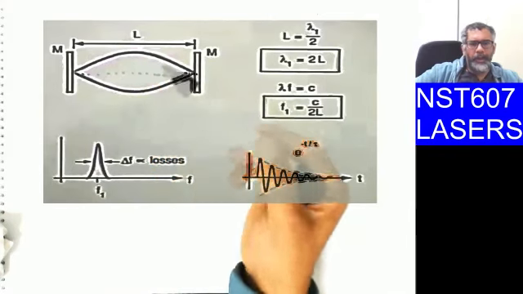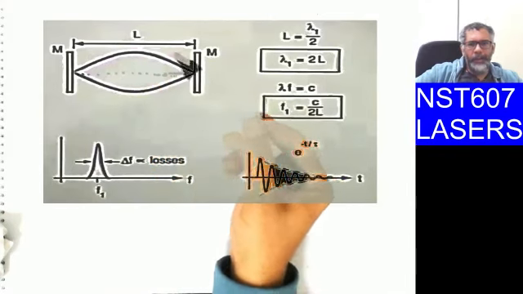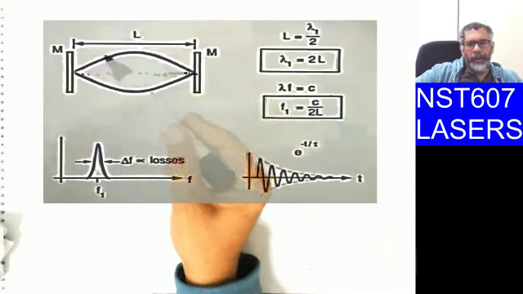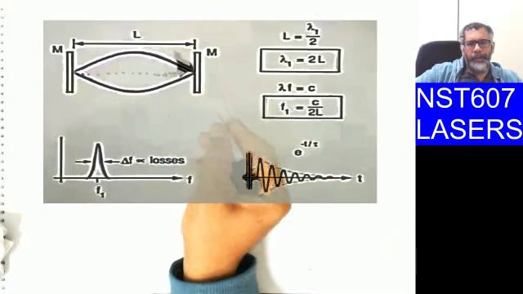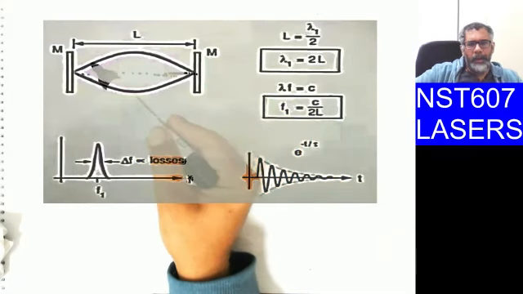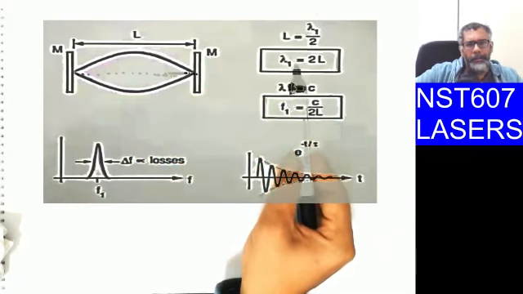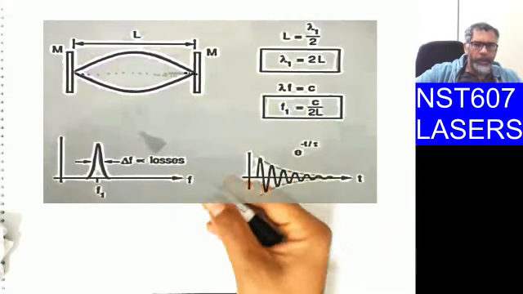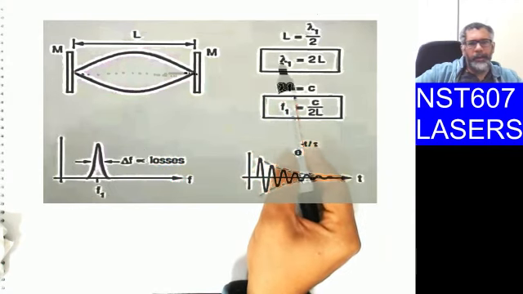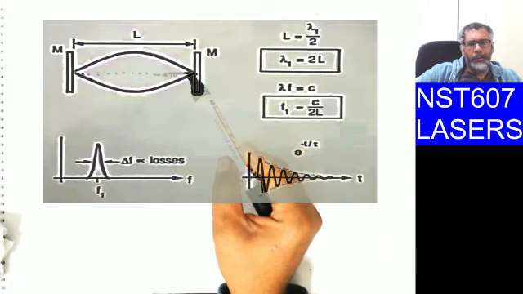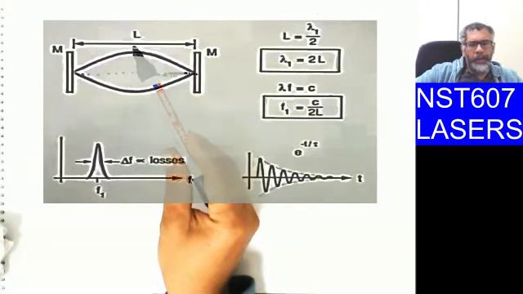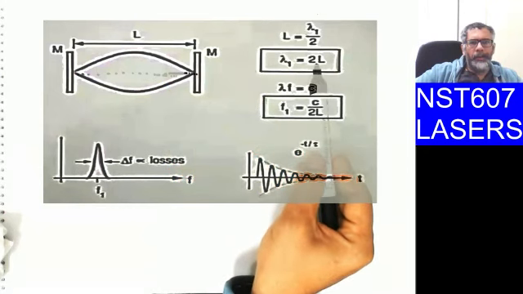So the largest wavelength that you can put between these two mirrors, a distance of L apart, in order to get a well-defined resonator, is going to be 2L.